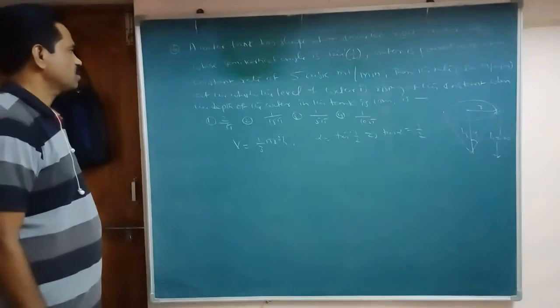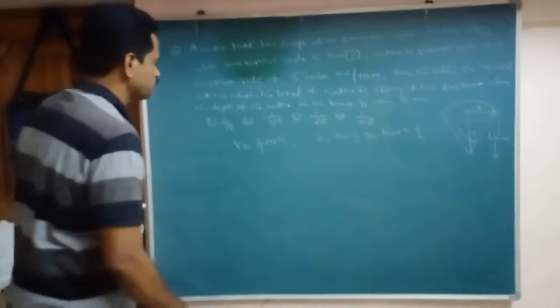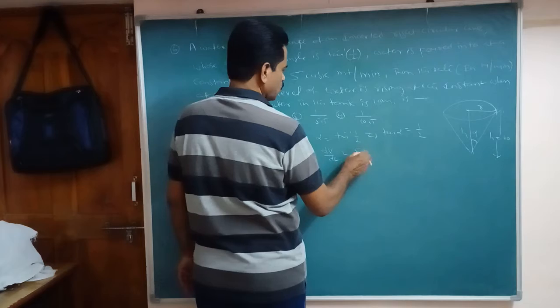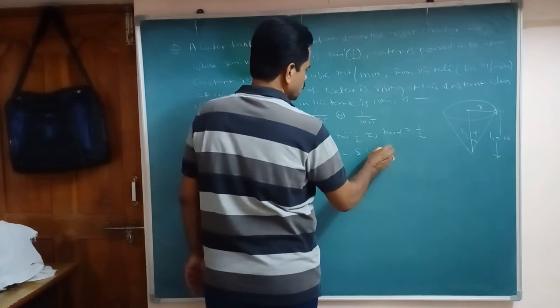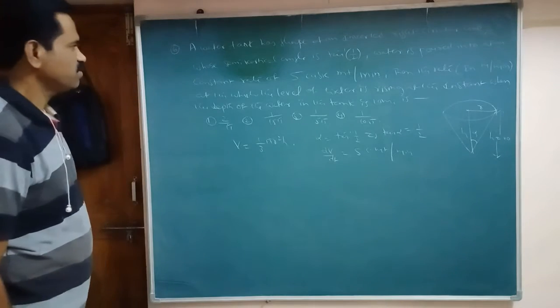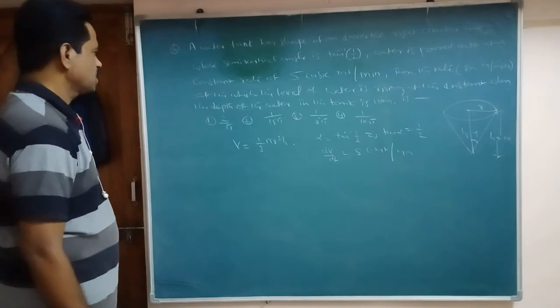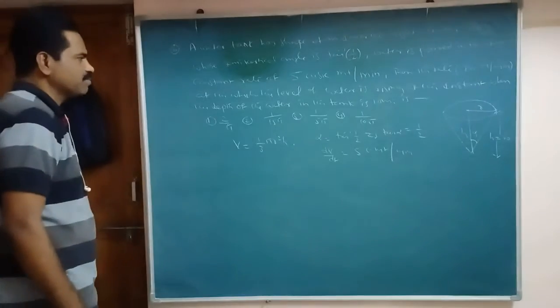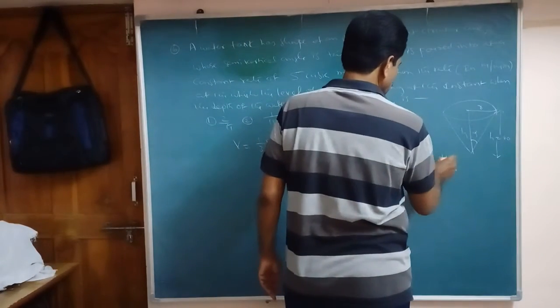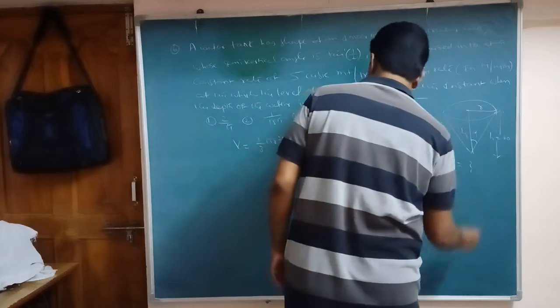Water is poured at 5 cubic meters per minute, so dV by dt equal to 5 cubic meters per minute. Then the rate at which the level of water is rising when the depth of the water in the tank is 10 meters. So we have to find dH by dt.